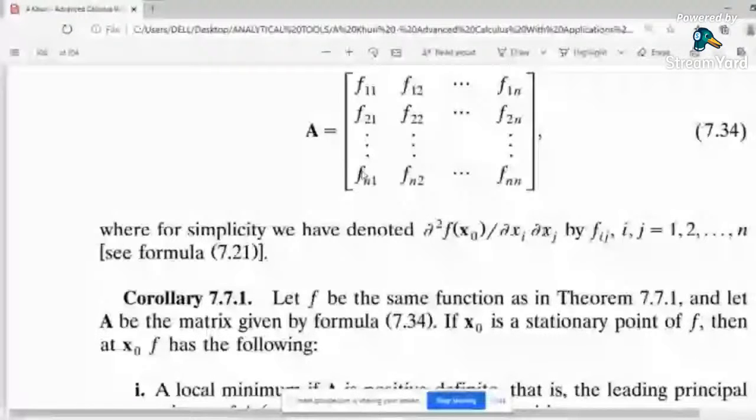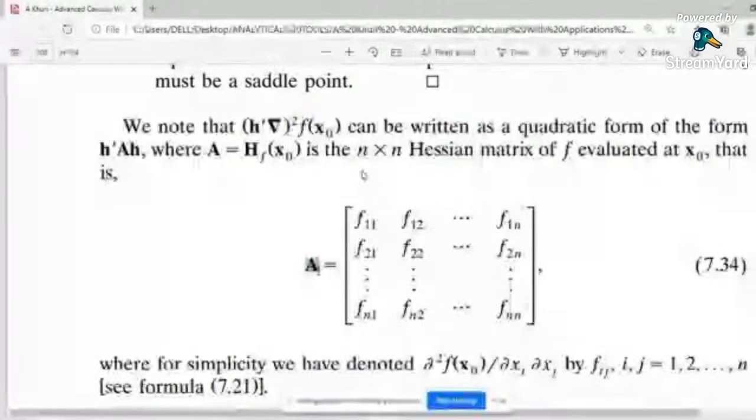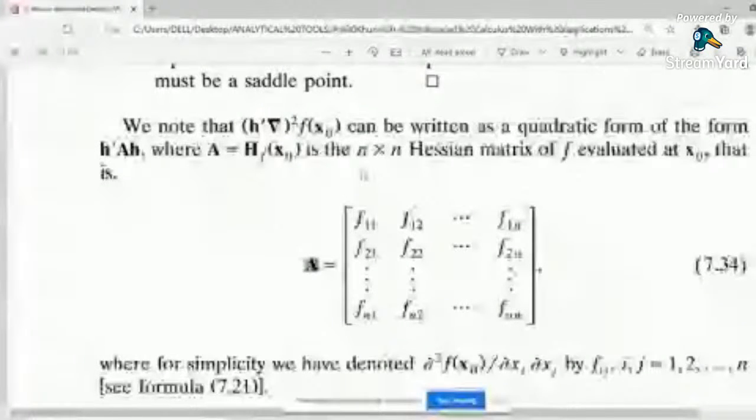You have to remember that this quadratic form is nothing but this one. So this one will be positive if and only if this one is positive. You also remember that this is positive only when the determinant of A is greater than 0, or the principal minors of A are positive.